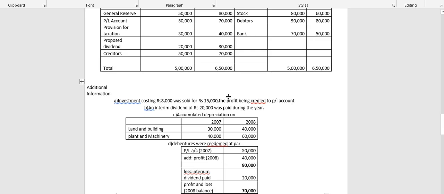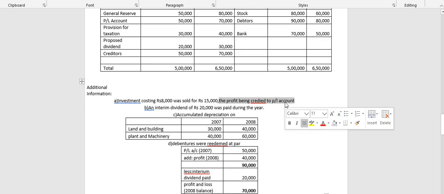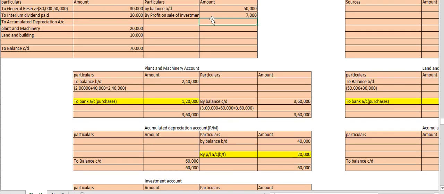Because the profit is clearly being credited to your P&L account. This is a non-cash or non-fund item profit which has been credited. Hence we are deducting it in order to reduce our profits and compute our funds from operation. So now we have taken all the amounts.